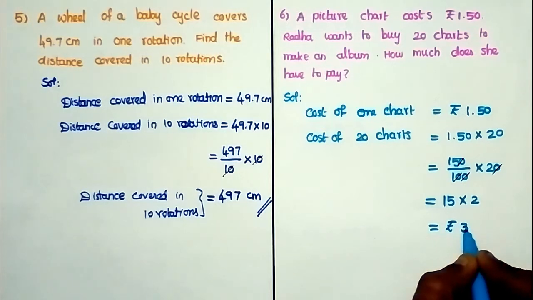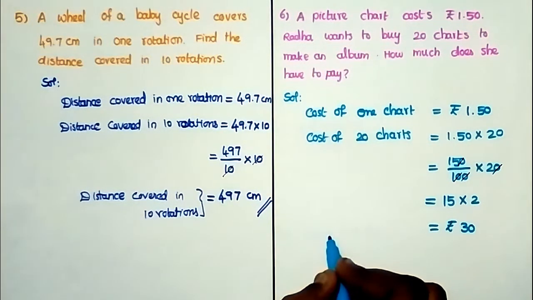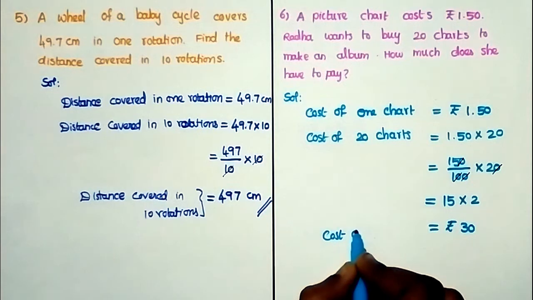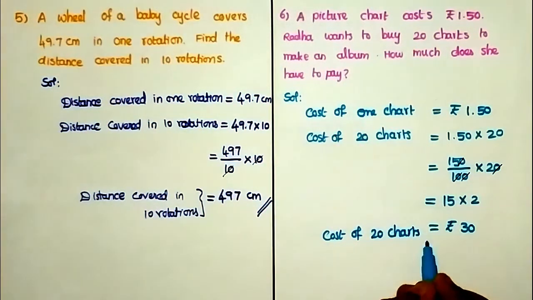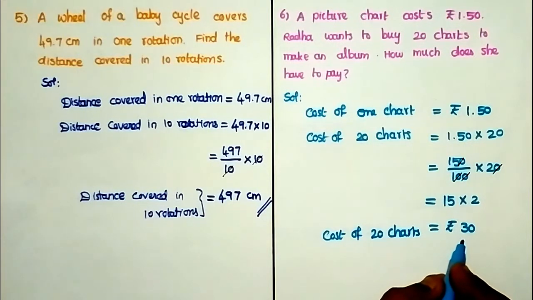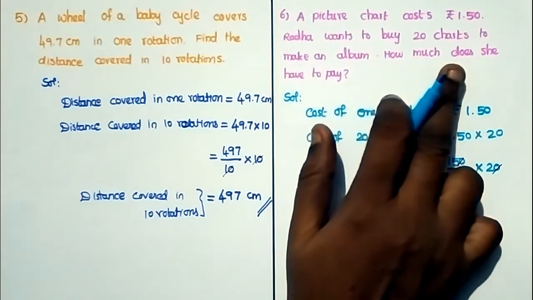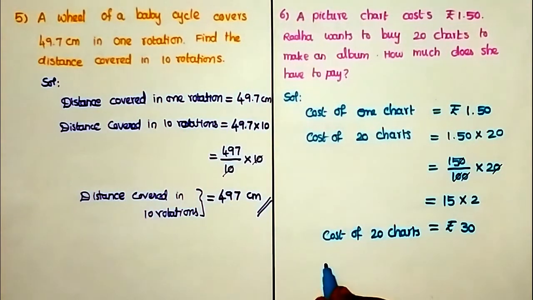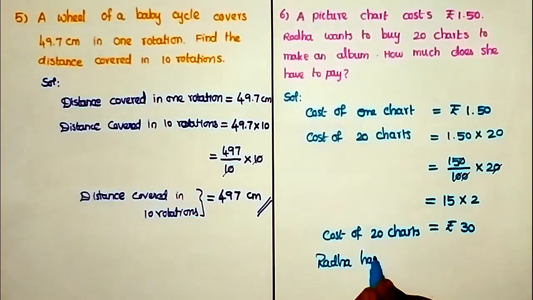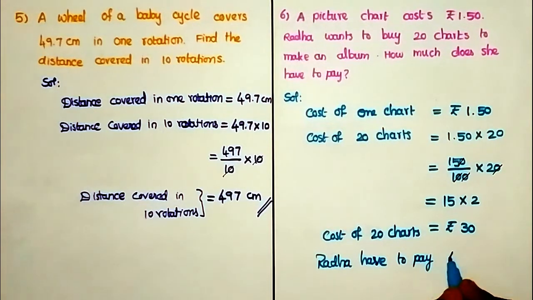Rupees 30. So cost of 20 charts equal to rupees 30. How much does Radha have to pay? So Radha has to pay rupees 30. That is the answer.